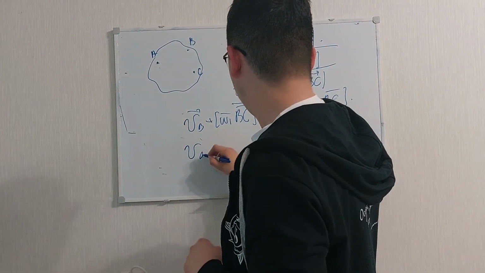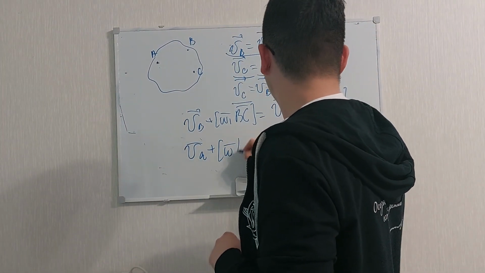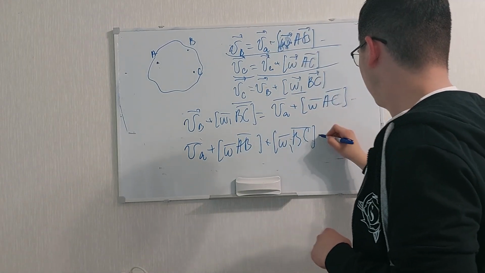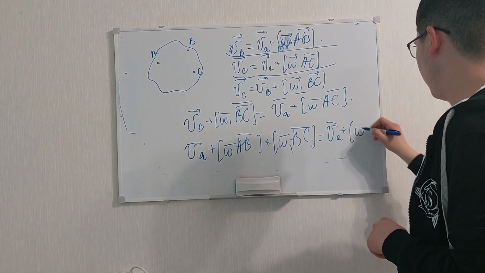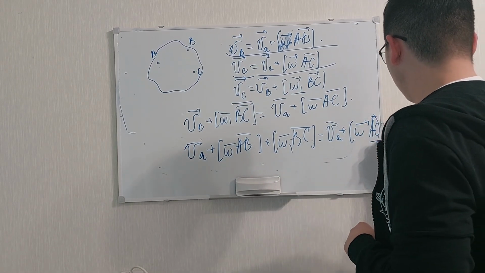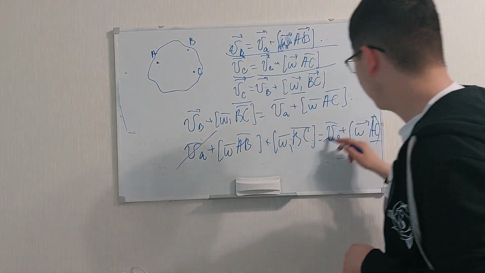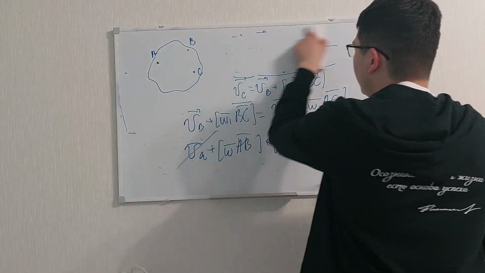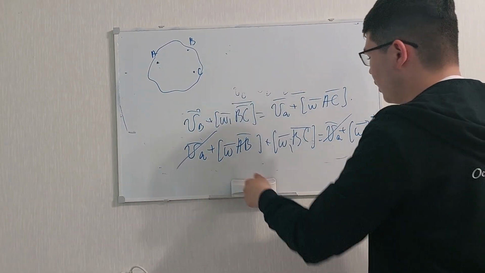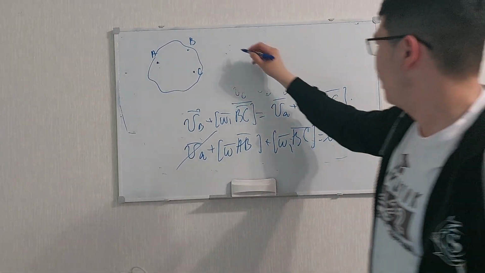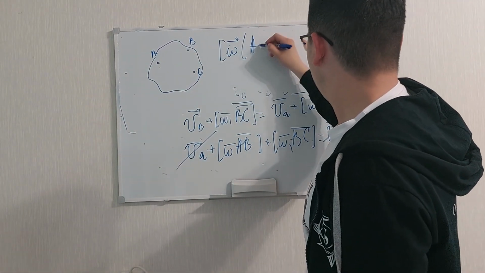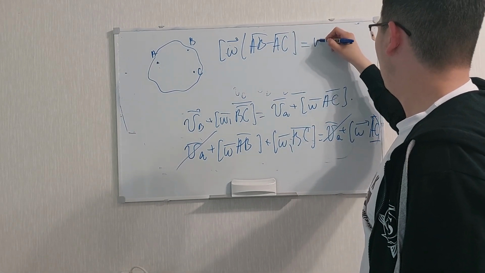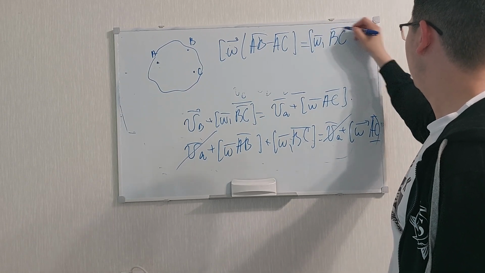We see in the equation that we've got that we can get rid of this component, and we can rewrite it using the vector algebra rules: omega (AB minus AC) is equal to omega 1 vector BC.